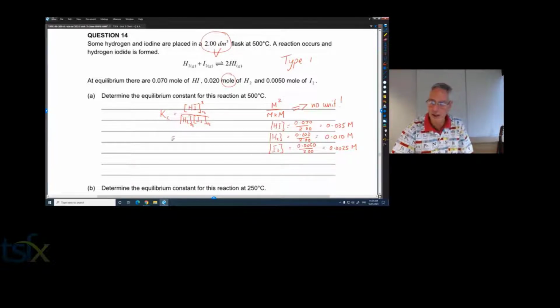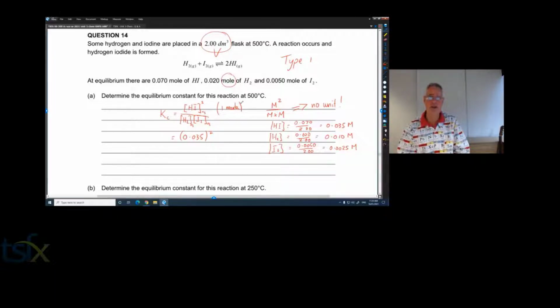Put them in your calculator. HI, 0.035 squared. Please do not picture it. Write the expression. That's nearly always worth 1 mark. Even if you make a total mess of the calculation, you've grabbed the 1 mark that's available for writing the expression for the equilibrium constant.